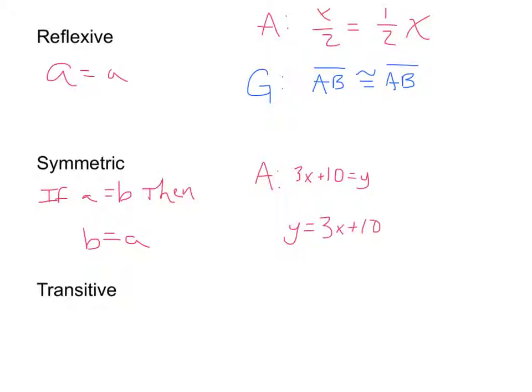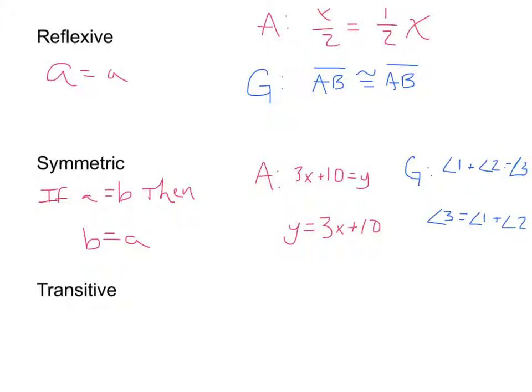So if we ever need to switch sides. Geometry, that could be the same thing. So if we got angle 1 plus angle 2 equals angle 3, we can say angle 3 equals angle 1 plus angle 2.